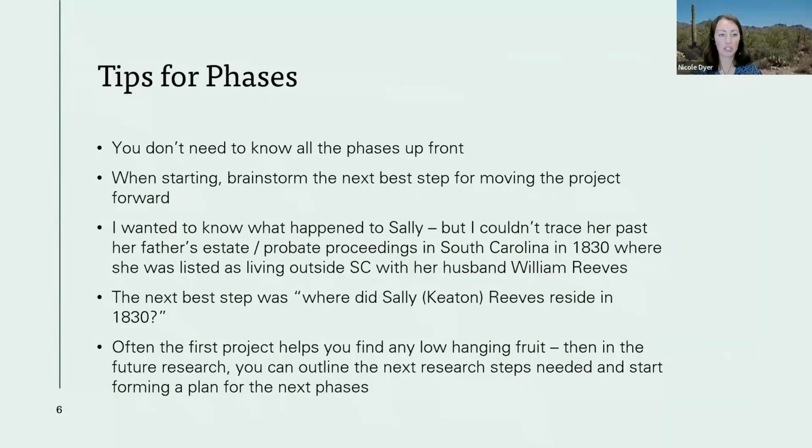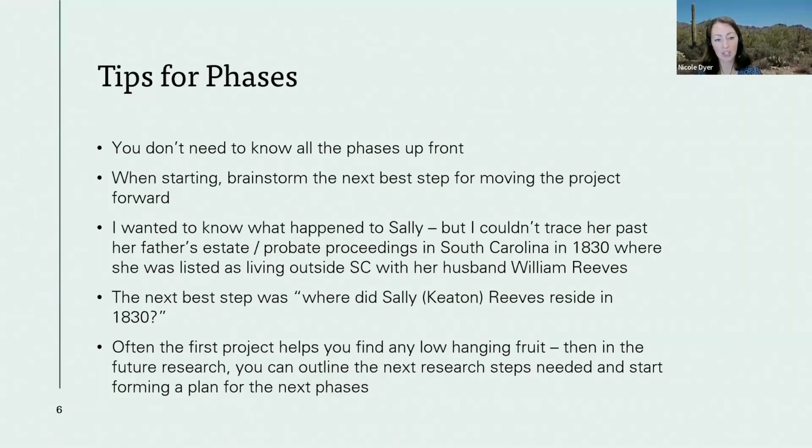Now, if you're wanting to do the same thing and break down your research into phases, you don't need to know what all the phases will be at the beginning. When you're starting, you can just brainstorm what the next best step will be for moving the project forward. So, for example, I wanted to know what happened to Sally, but I couldn't trace her past her father's estate and probate proceedings in South Carolina, where she was listed as living outside South Carolina with her husband, William Reeves.